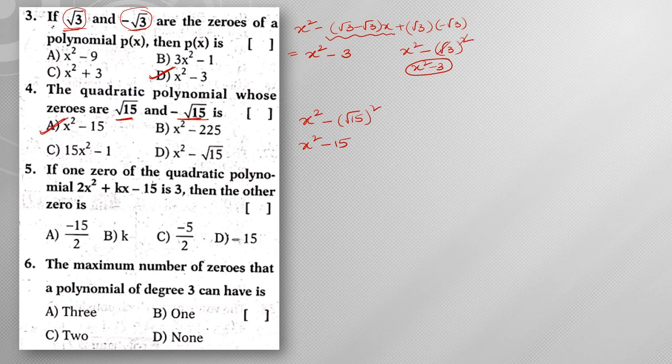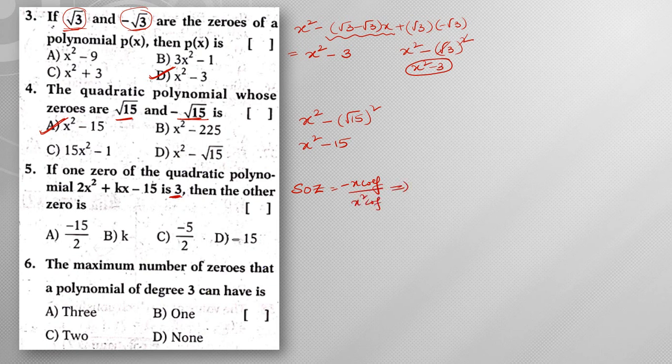Next, if one zero of the quadratic polynomial is 3, then the other zero is asked, right? Whenever you have one zero, then to find the other zero you can make use of the sum of zeros or the product of zeros. Now when you consider the sum of zeros, it is nothing but minus of x coefficient by x square coefficient.